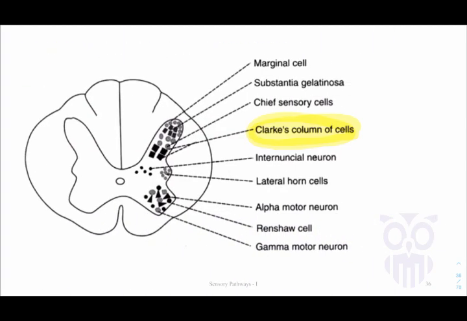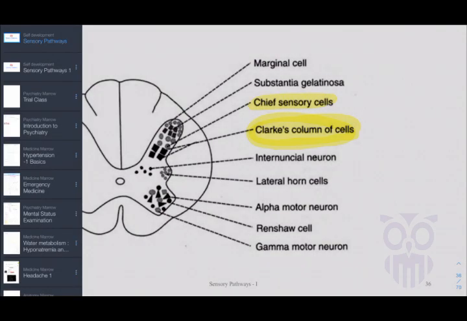We'll start with the posterior. Posterior is also called the direct spinocerebellar tract, and it synapses with Clark's column, and the anterior synapses with the chief sensory nucleus, same as for the anterior spinothalamic tract.